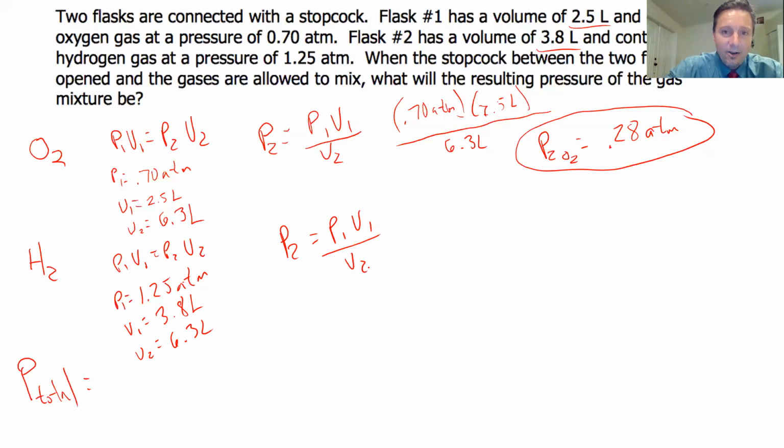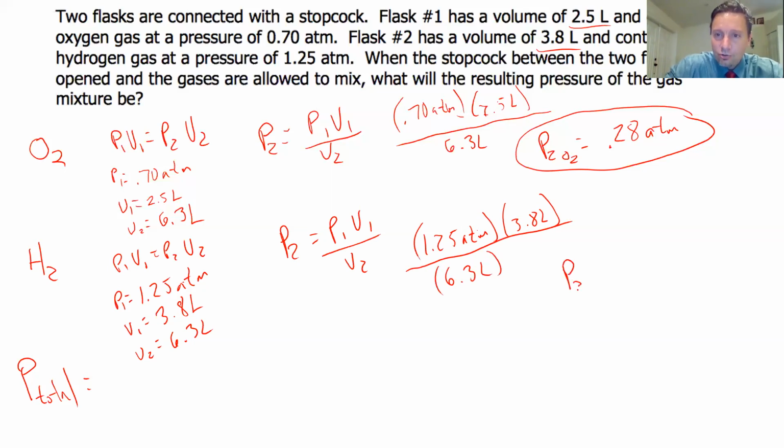So plugging in now, I have 1.25 atmospheres. I have 3.8 liters, and I'm going to divide that by 6.3 liters. So my pressure 2, and this is hydrogen, is going to equal, let me plug this in.